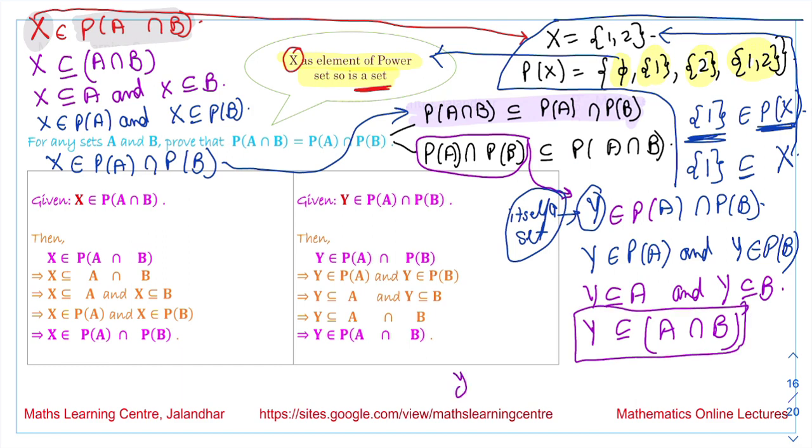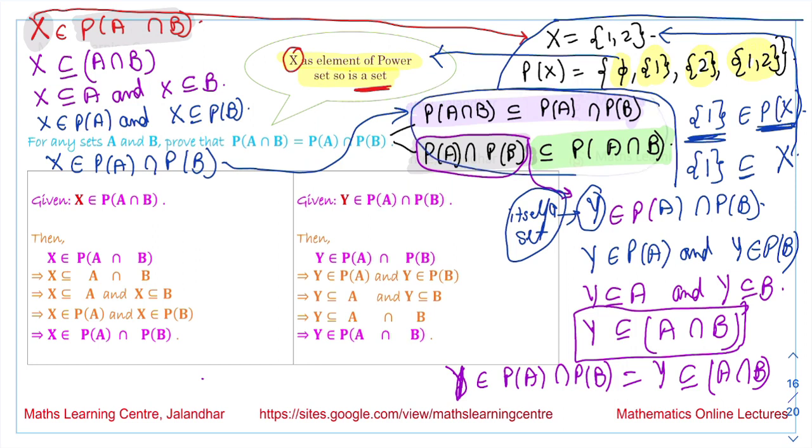So if Y belongs to the power set of A intersection the power set of B, this implies Y is a subset of A intersection B. So we get that the power set of A intersection the power set of B is a subset of the power set of A intersection B. Now combining both these results, we obtain that the power set of A intersection B is equal to the power set of A intersection the power set of B.